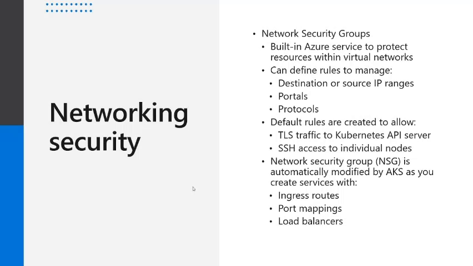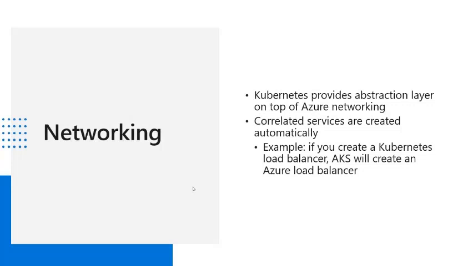As you create services with load balancer, port mappings, or ingress routes, AKS automatically modifies the network security group for traffic to flow appropriately. So network security groups play a big role in AKS security, Kubernetes security.